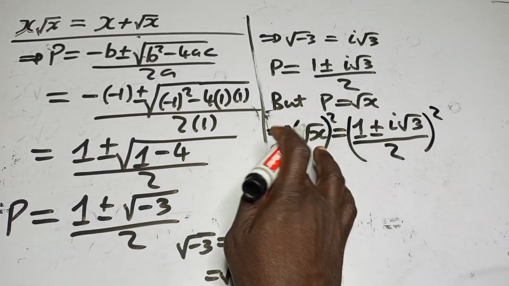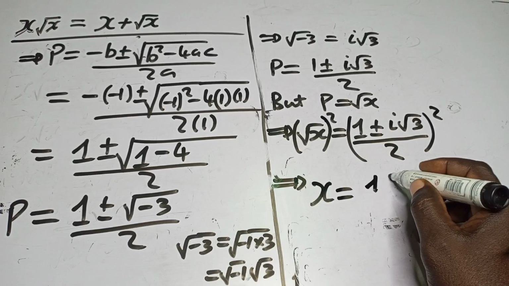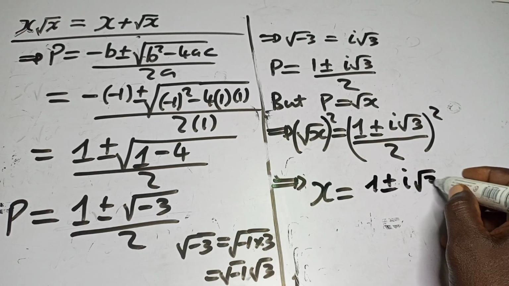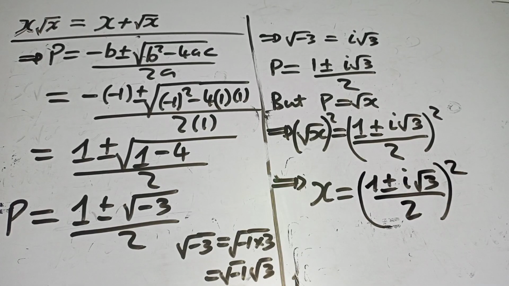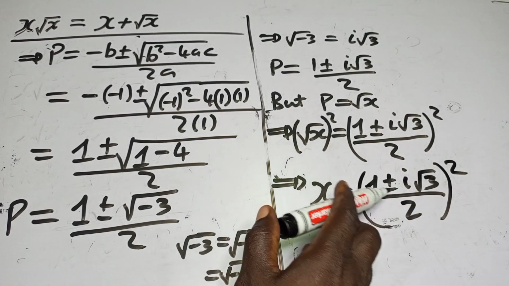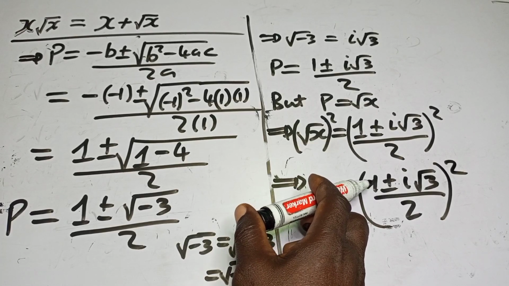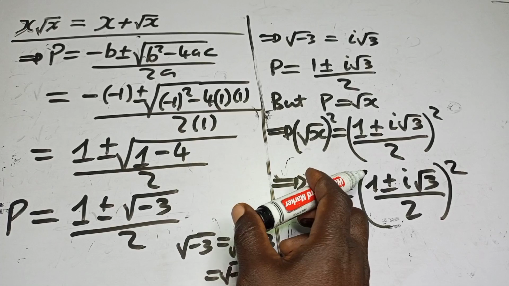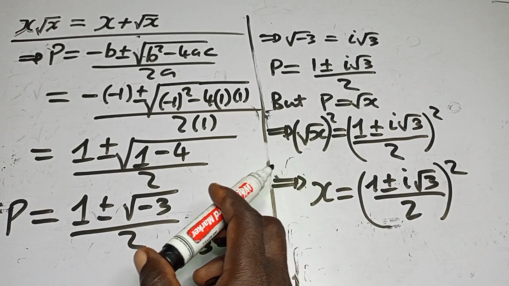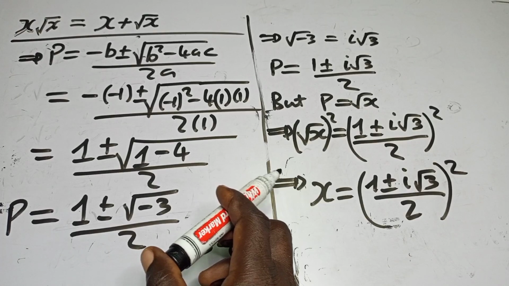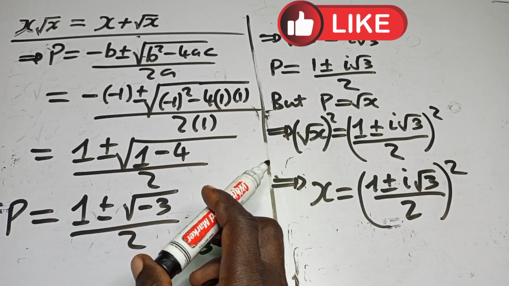When we do that, we obtain x is equal to 1 plus or minus i root 3 all over 2, all of this squared. So this gives us the remaining two solutions. The remaining two solutions are actually imaginary or complex values. All right, so x has 5 solutions, 3 real solutions and 2 complex solutions.